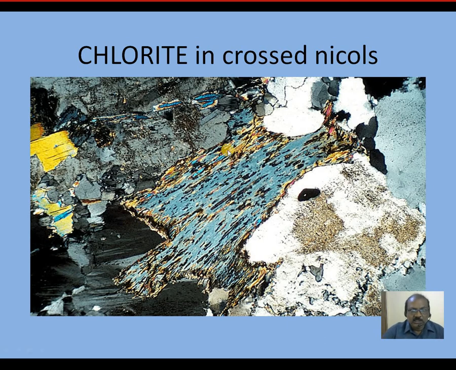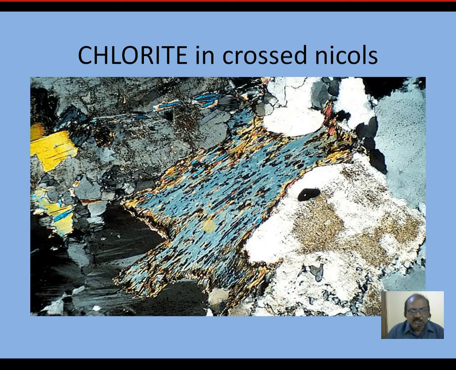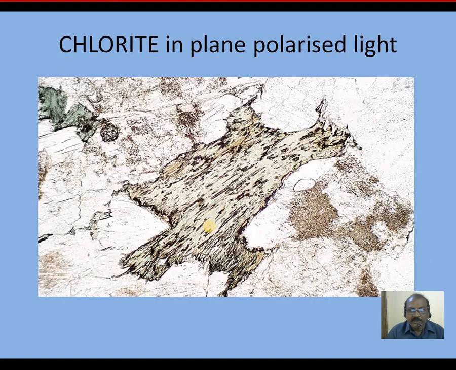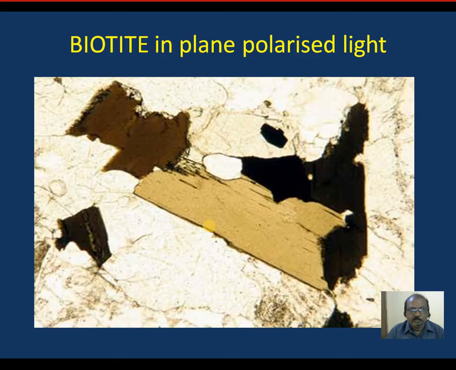Of course, under crossed nicols, you can see this is chlorite under plane polarized light. This is the same mineral grain, chlorite, in crossed nicols. This is how chlorite can be identified under the petrological microscope.